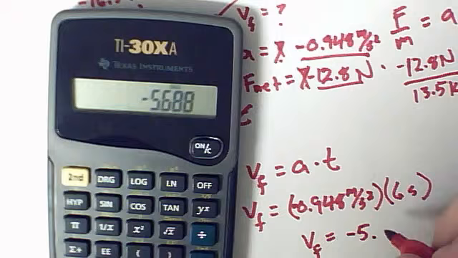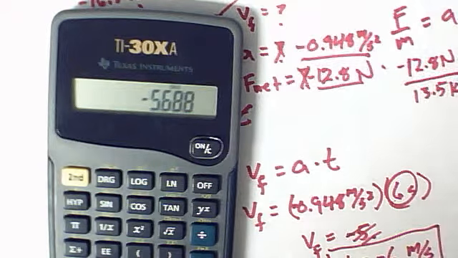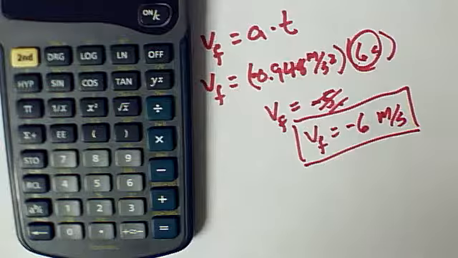Well, since that's only one significant figure, we're going to round that up to a negative 6. So Vf equals negative 6 meters per second. In this case, that negative 6 means it's going 6 meters per second in the negative direction.